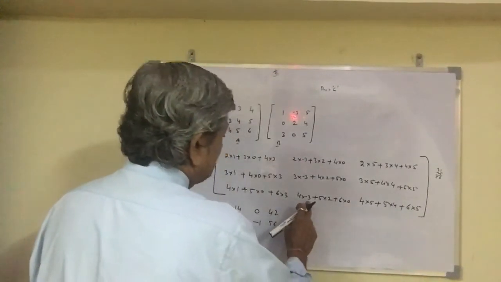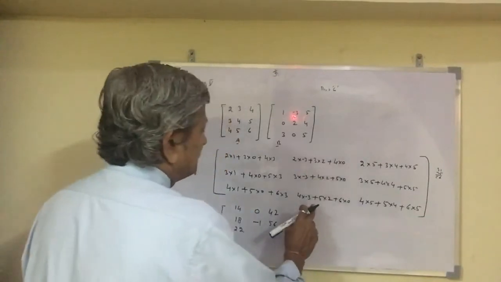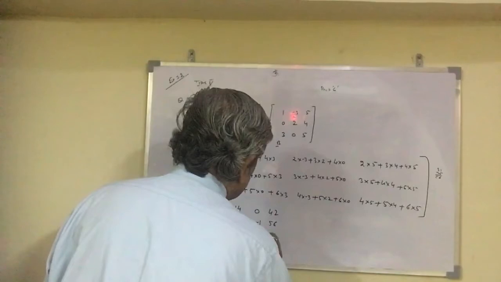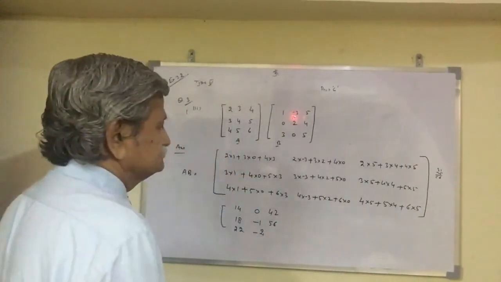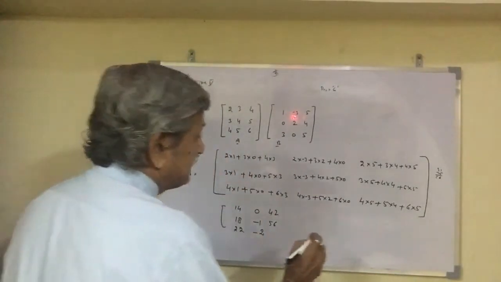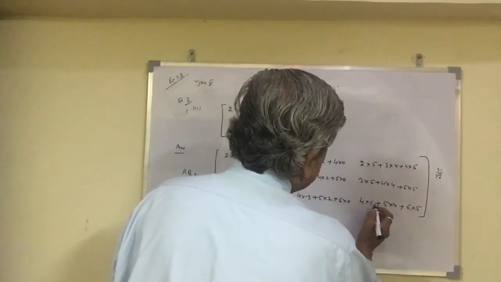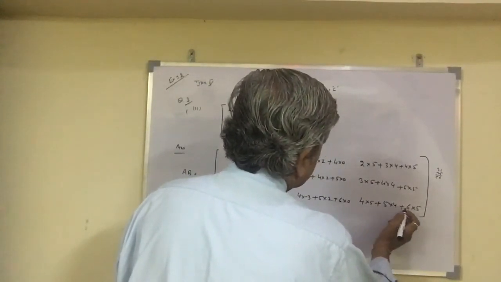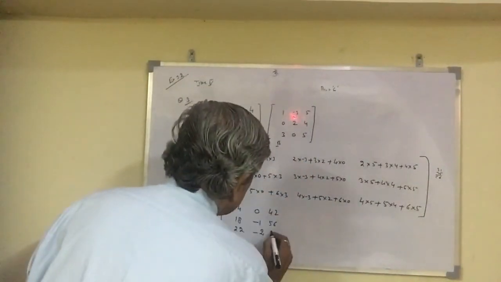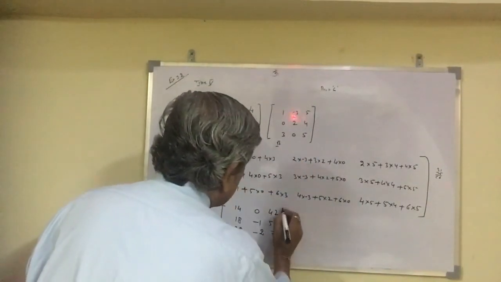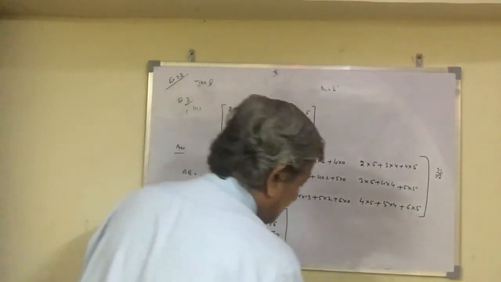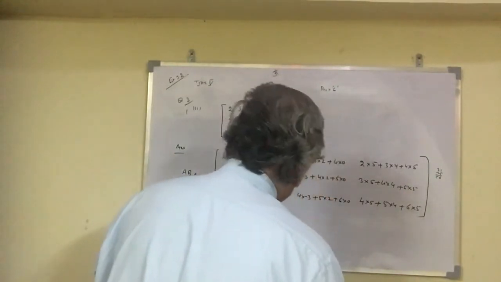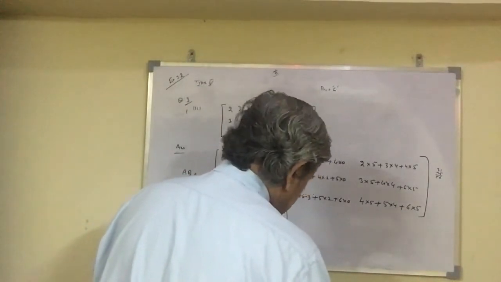Here is 12 and 10, so minus 2 is there. And here is 20 and 20, 40, and 40 and 30, 70. So this is the answer of this question.